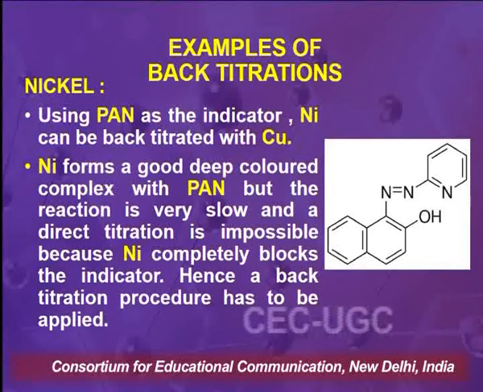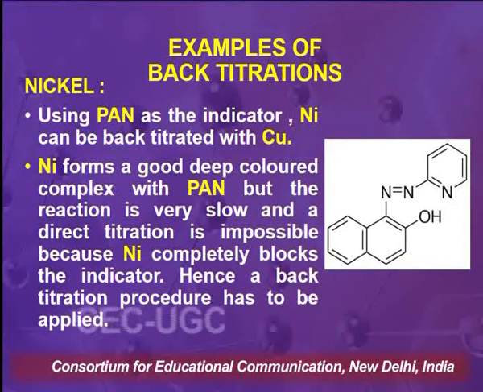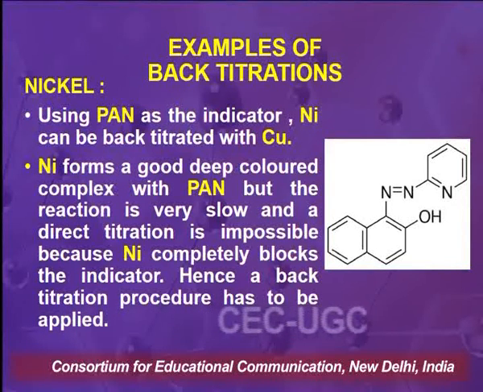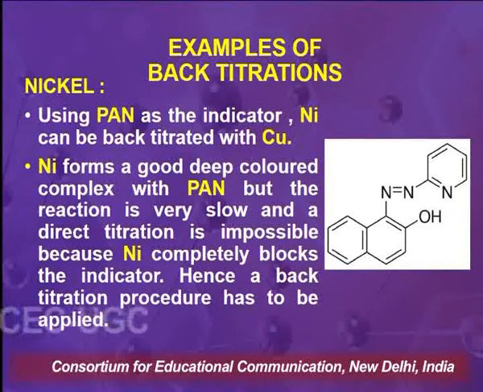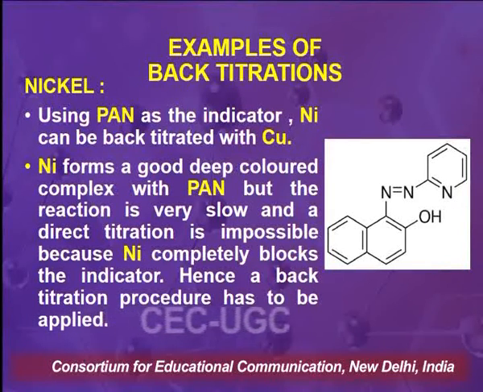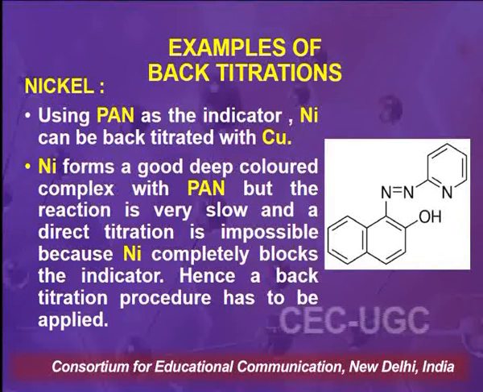Nickel forms a very good deep colored complex with PAN, but the reaction is very slow and a direct titration is impossible because nickel completely blocks the indicator, that is, it completely blocks the action of the indicator. Hence, a back titration procedure has to be applied.